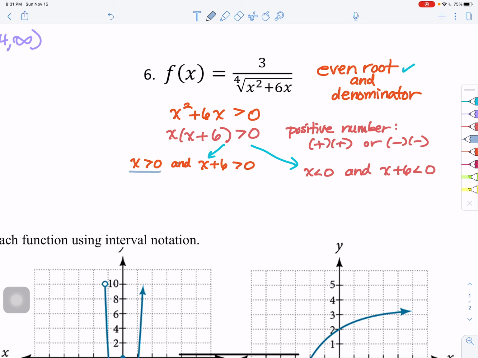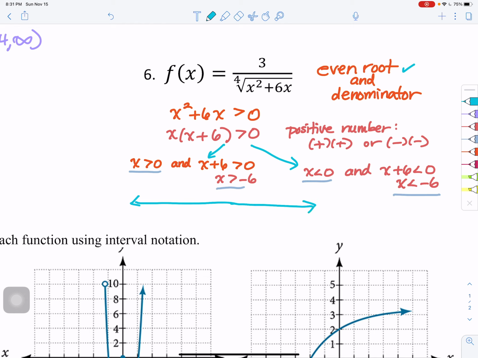So x is greater than 0 and x is greater than negative 6. We're going to look at that and see what's most restrictive. So we have x is less than 0 and x is less than negative 6. So now we've got some restricted cases. Let's take a look. Let's make a graph.